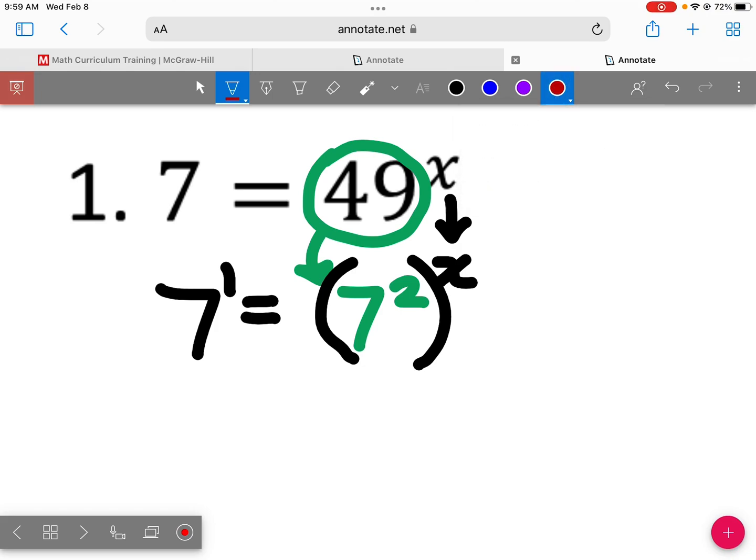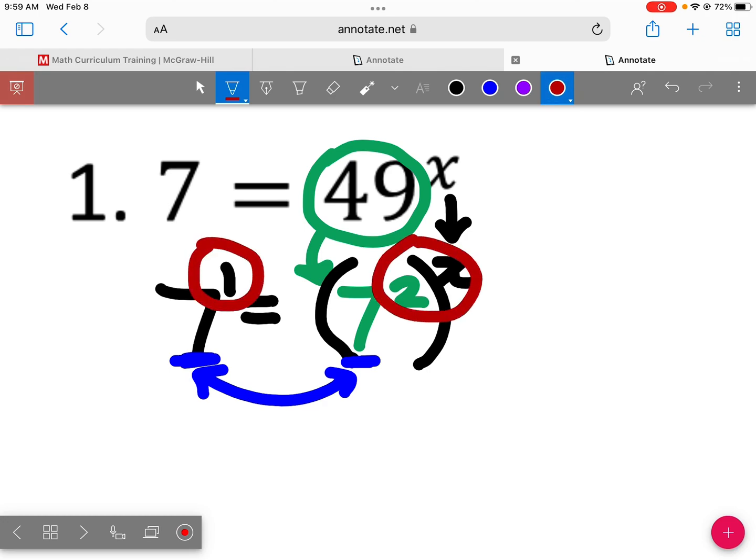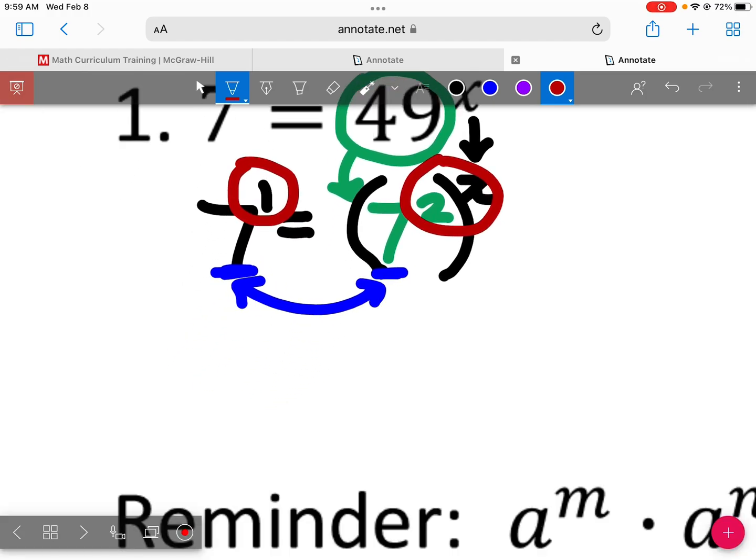Why did I want to do that? What's the importance of having these two match? Yes, if your bases are the same, then your exponents, these pieces right here, are going to be equal. So 1 is equal to 2x.